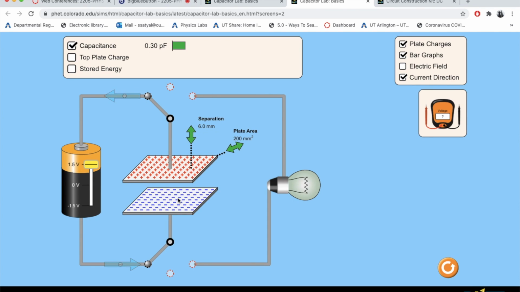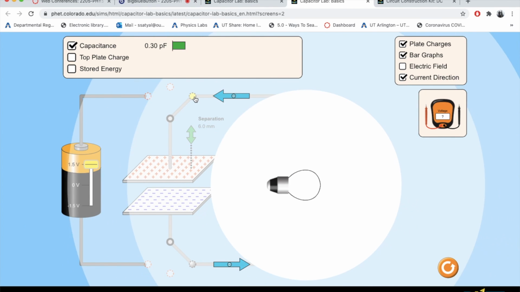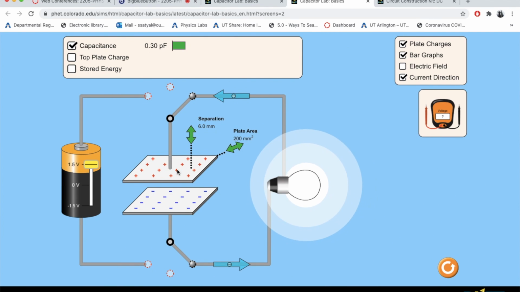The capacitor's main difference is we charge it, and once we connect it to the light bulb, it has a finite amount of charge, and so the light bulb will remain lit as long as charges are there in the plates, and with a large amount of charge, it's brighter and it decays as we go.